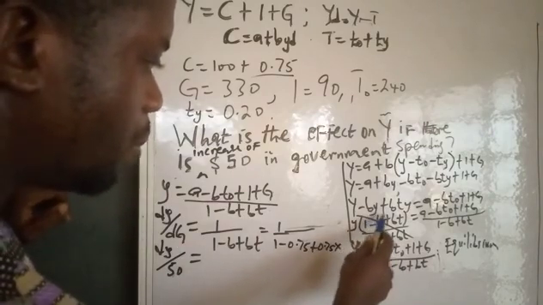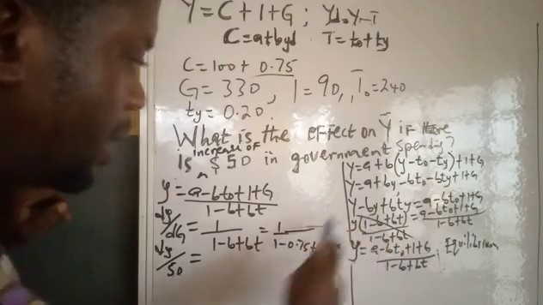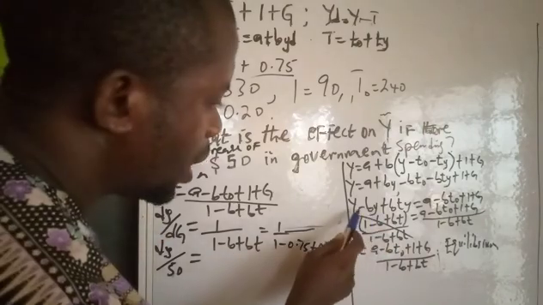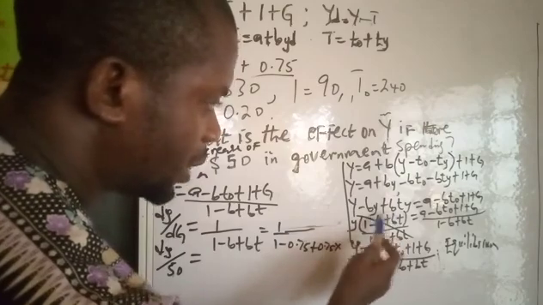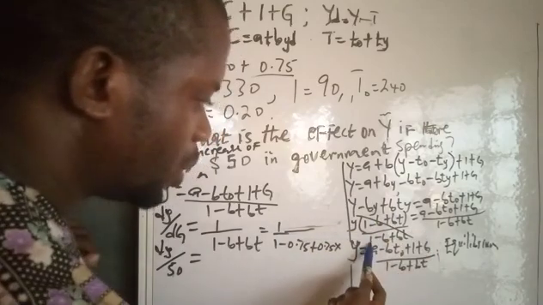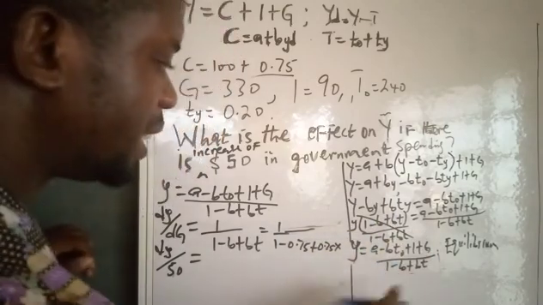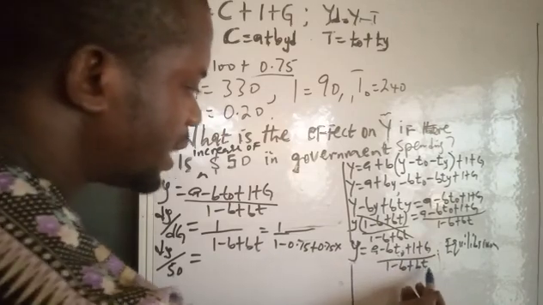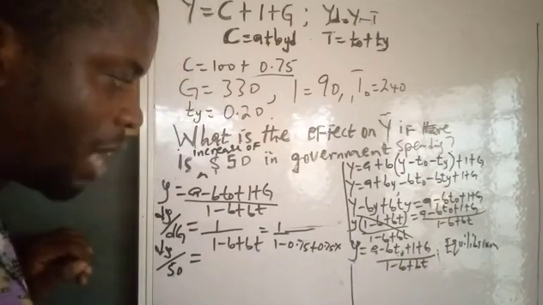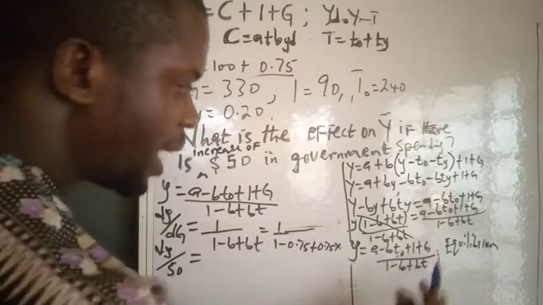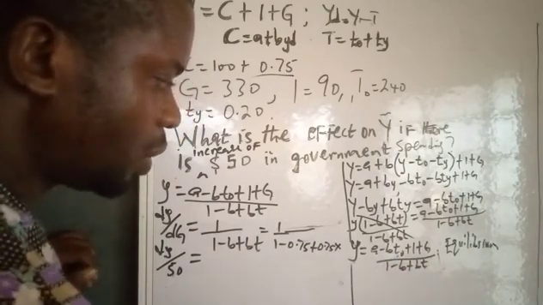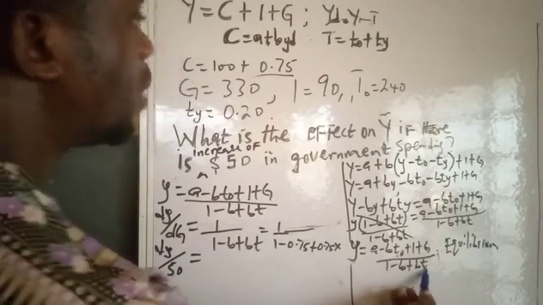Okay, let me take it from here. Y minus bTy. You understand how we got this. Now, which T? T naught is here, Ty is here. So we are looking for Ty now. Where is our Ty?